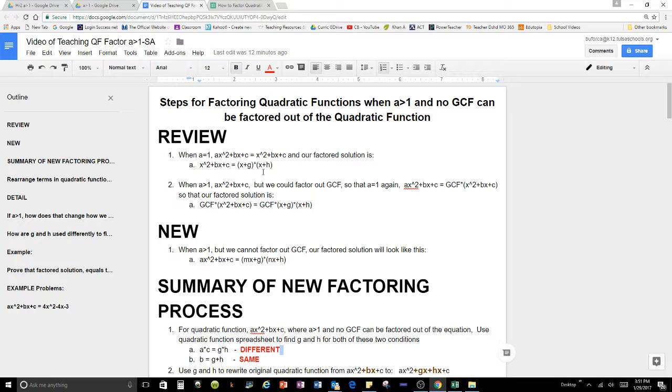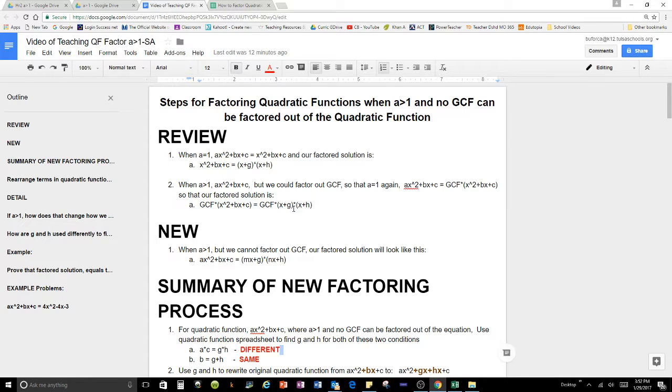So the process for finding our factored solutions is pretty close in these two conditions. The only difference in process number 2 is we have to factor out a GCF. Once we factor out that GCF, we use this quadratic function to find the g and h values here.